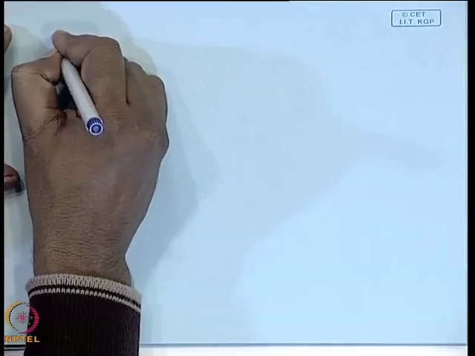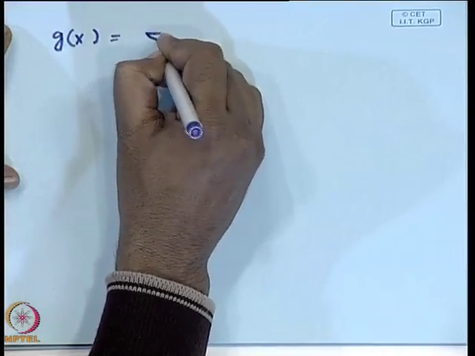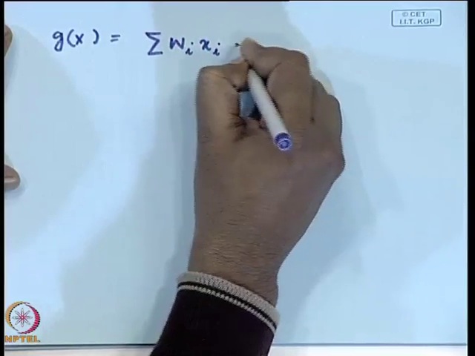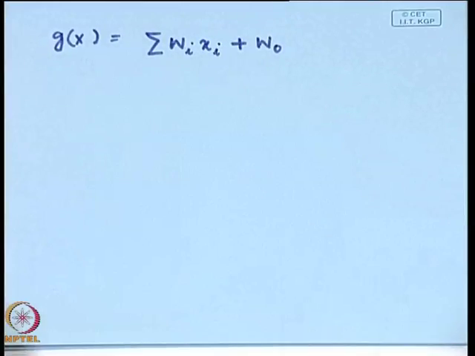g(x) is equal to sum of w_i x_i plus w_0. Do not confuse w with omega.